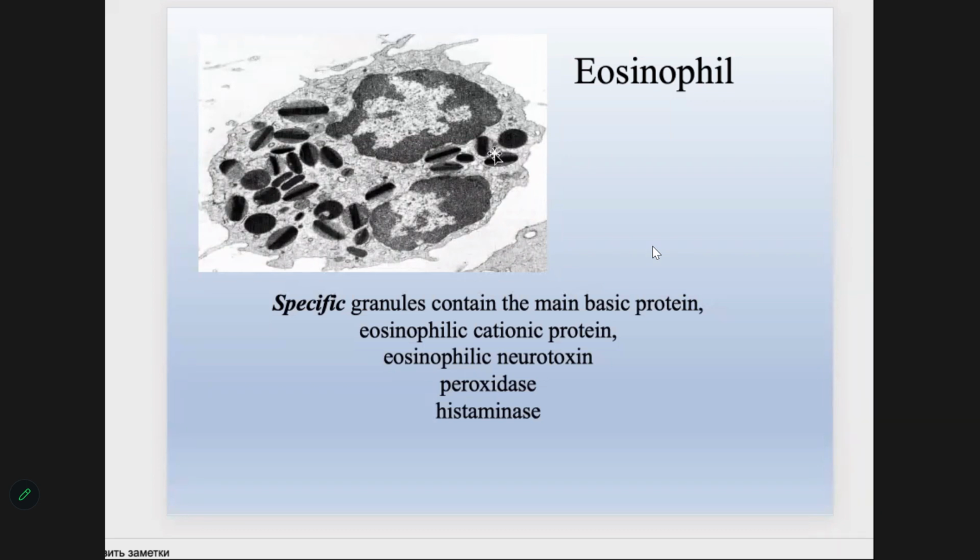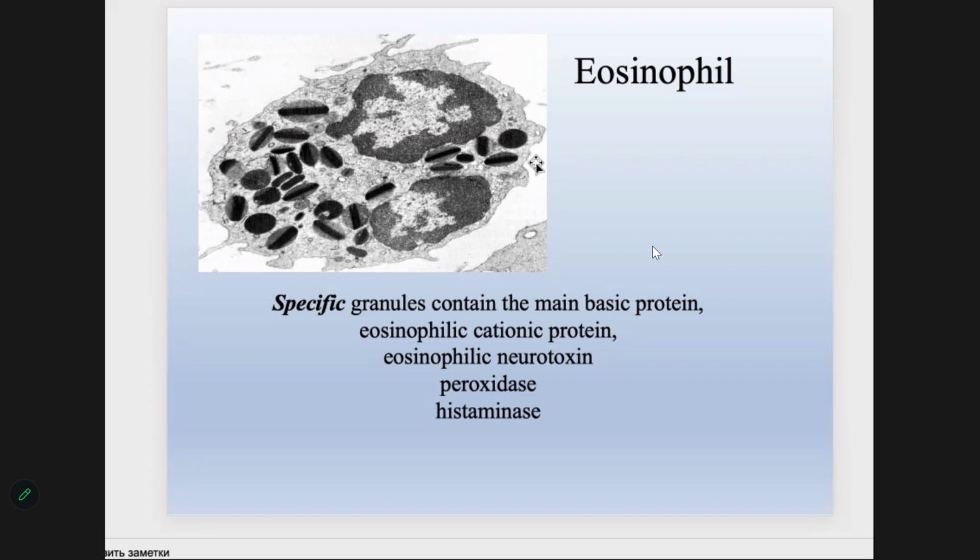On the electron micrograph, the granules are characterized by the presence of a dense central part, dark centers. According to the chemical composition of the granules, eosinophils take part in allergic inflammation.